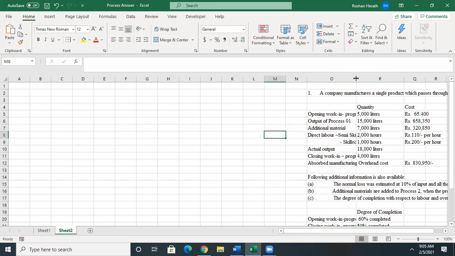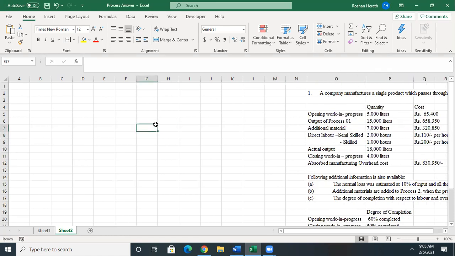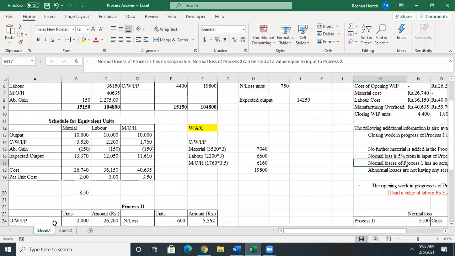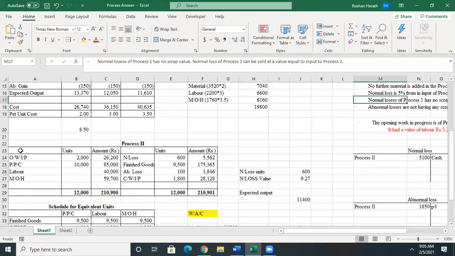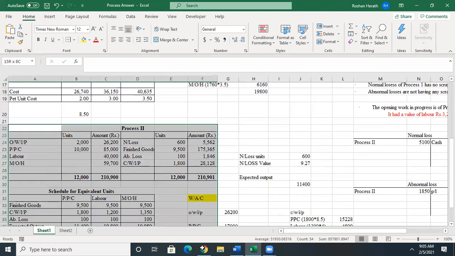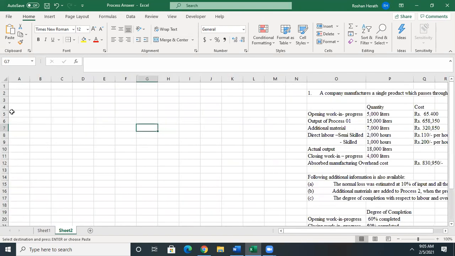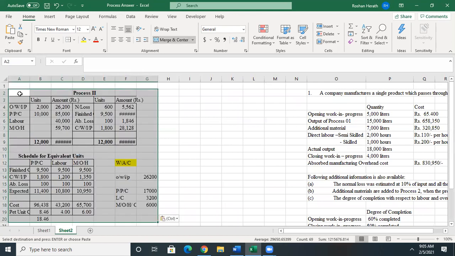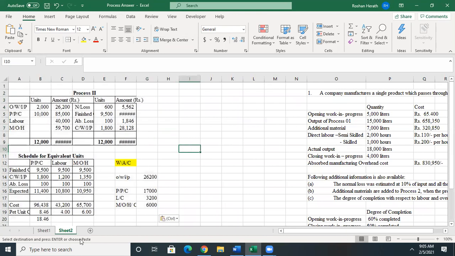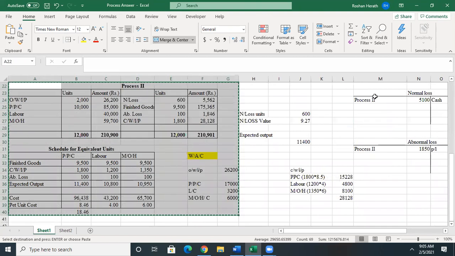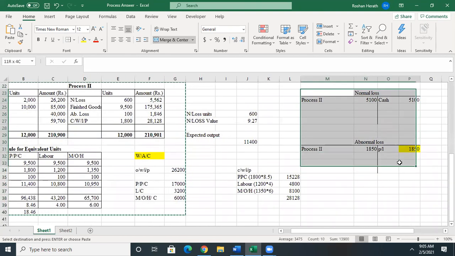So here we may take, as usual, the process account. Simply copy the information what I have taken. And so the normal and abnormal loss accounts.